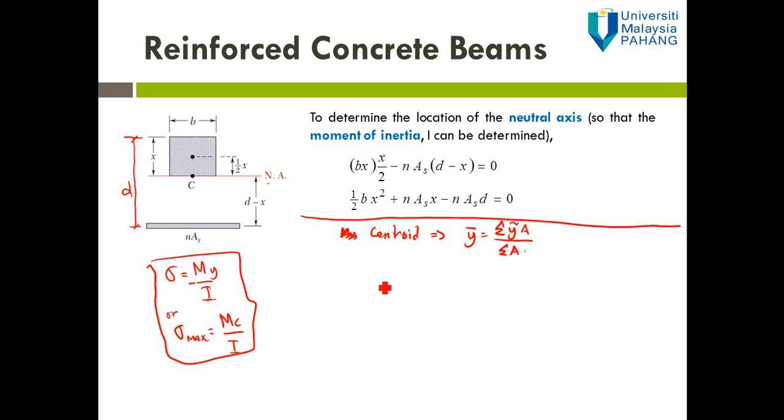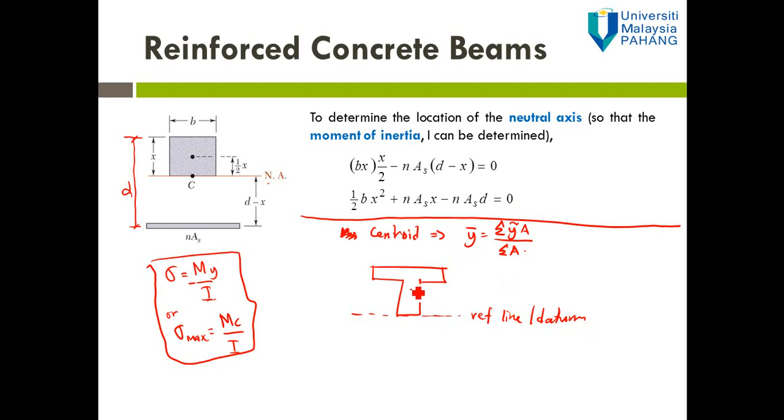Let's consider the T beam first. What is the y bar? The y bar is measured from the reference line, or the datum, to the neutral axis, or to the centroid.